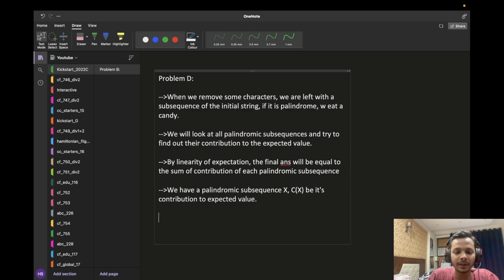So now let's try to write an expression for c of x. The expression of c of x is nothing but the probability that we get this subsequence during the game, multiplied by 1.